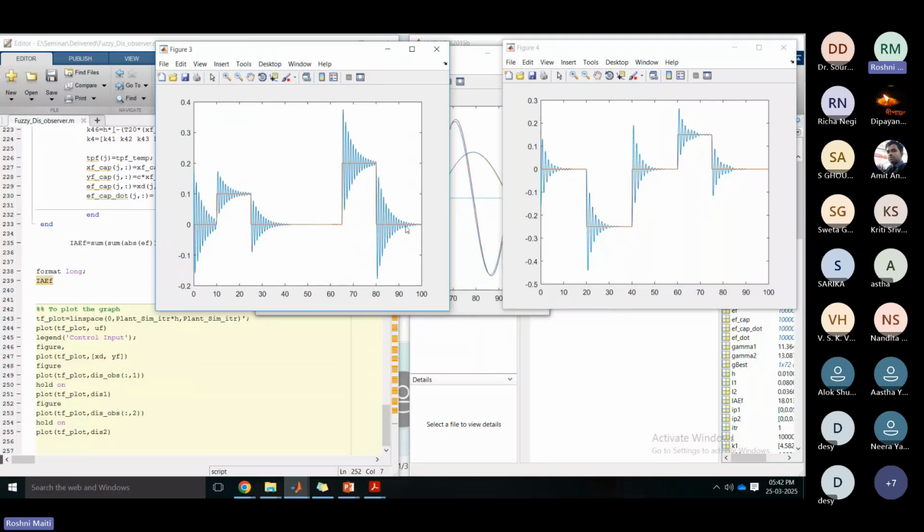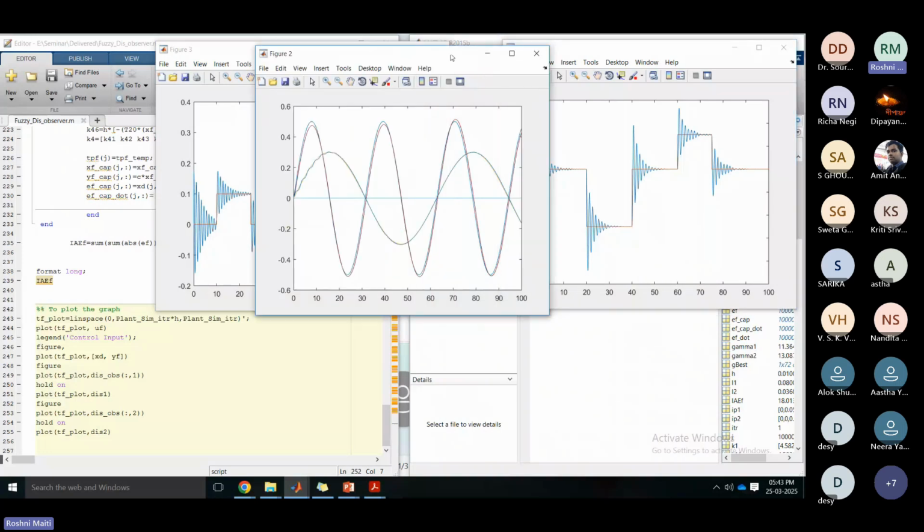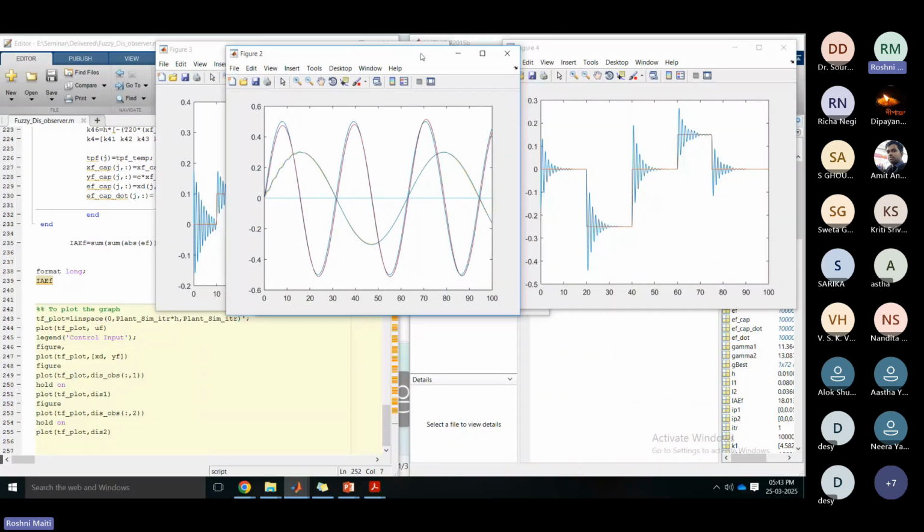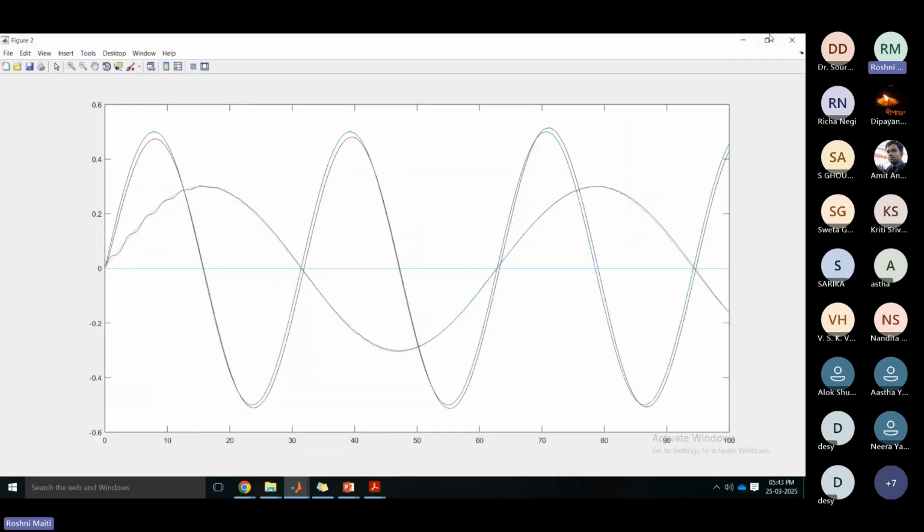Whatever we have given for pitch, it is tracking this one properly. Here the disturbance is for yaw. It is also tracking this one very properly. And these results are for the fuzzy disturbance observer. By using this fuzzy disturbance observer, we can estimate those disturbances very properly, and if we can eliminate those disturbances, then this one is my tracking.